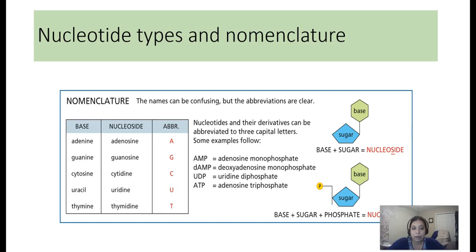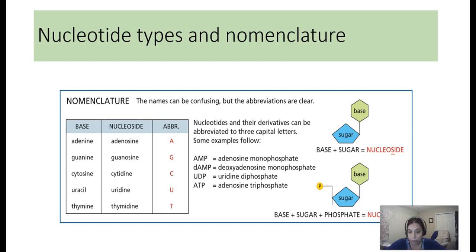Now, the other thing that I would like you to review and be mindful of as we move forward is the nomenclature for the different types of nucleotides. When you have the base by itself, it's going to be called by its base name, which is adenine, guanine, cytosine, or thymine, or uracil if it's RNA.